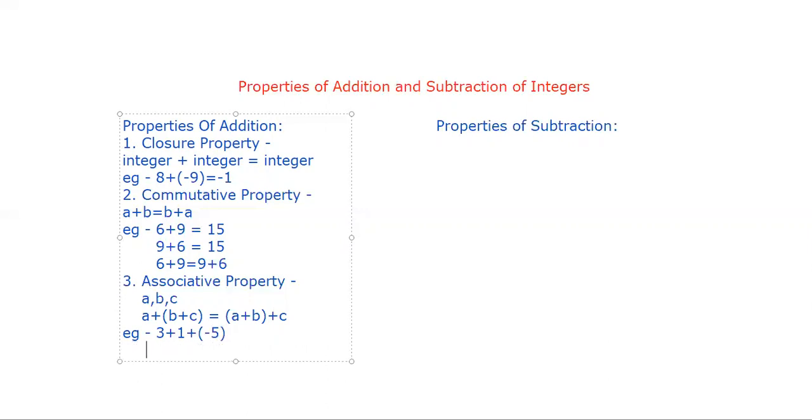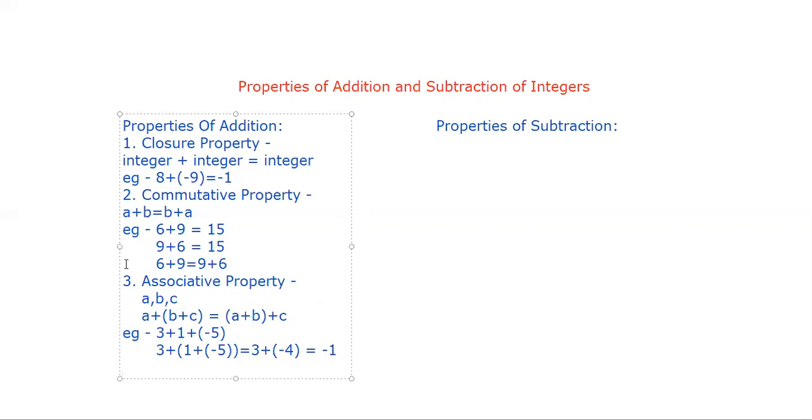Now 1 plus minus 5 is nothing but minus 4, so this is equal to 3 plus minus 4, which is equal to minus 1.